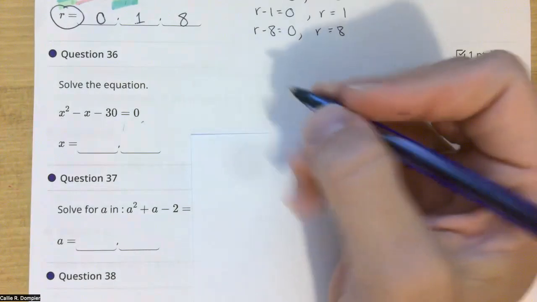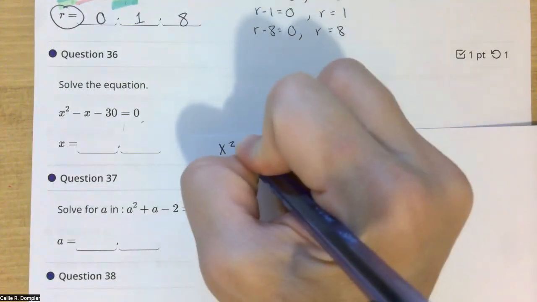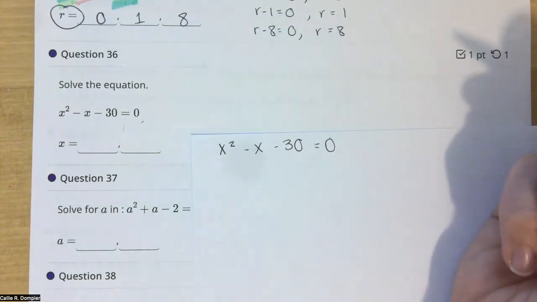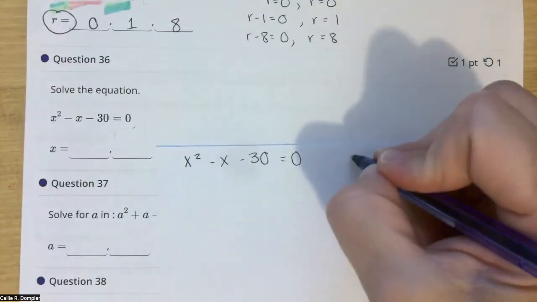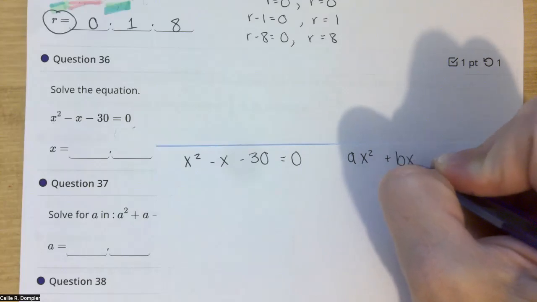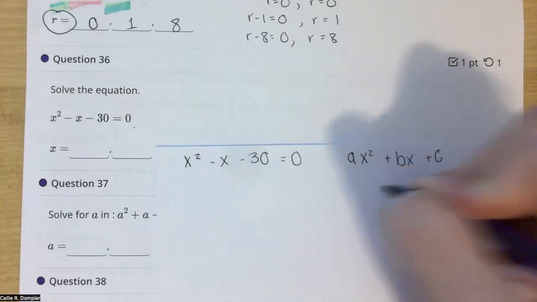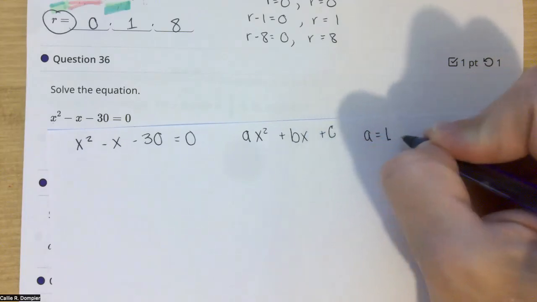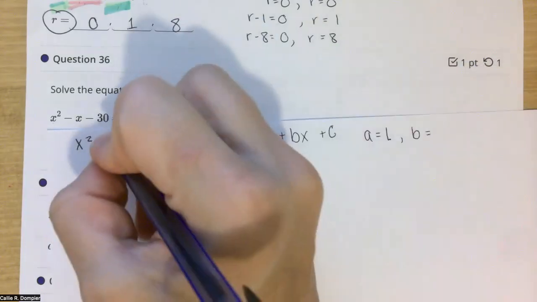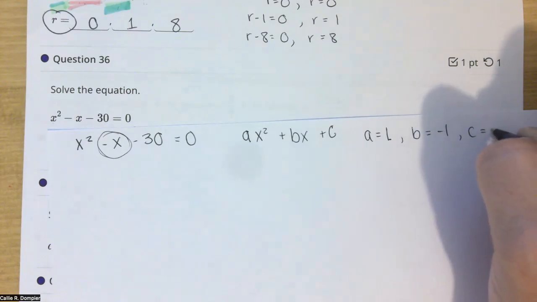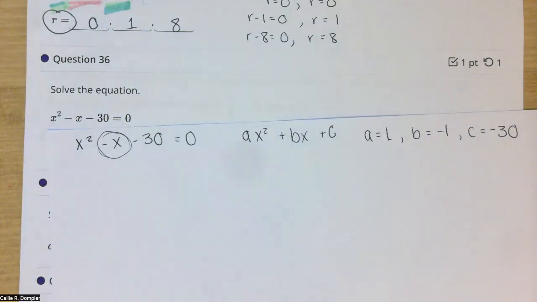Ax squared plus bx plus c. So we have x squared minus x minus 30 equals 0. You can kind of ignore the equals 0 part. Ax squared plus bx plus c means that our a is 1, b is -1, and c is -30, right?